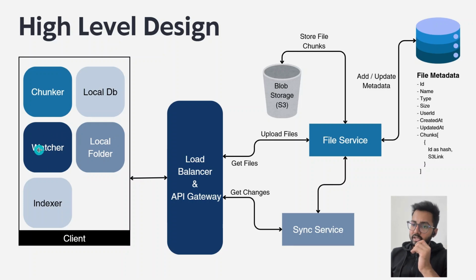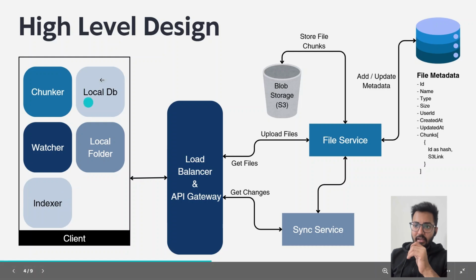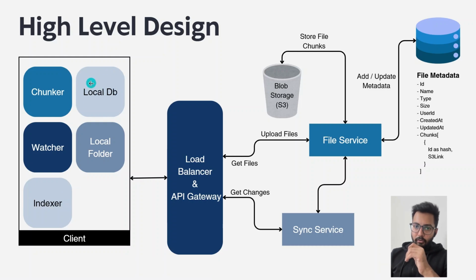So a change is detected, and the information of those chunks is then modified by the indexer in the local DB. The local DB would have those changes, and a request would then be generated to the server for storing these details in the server.